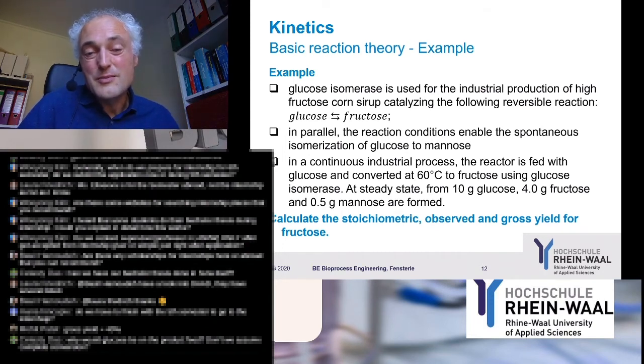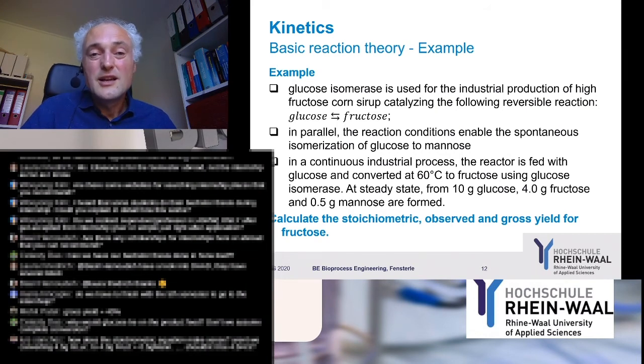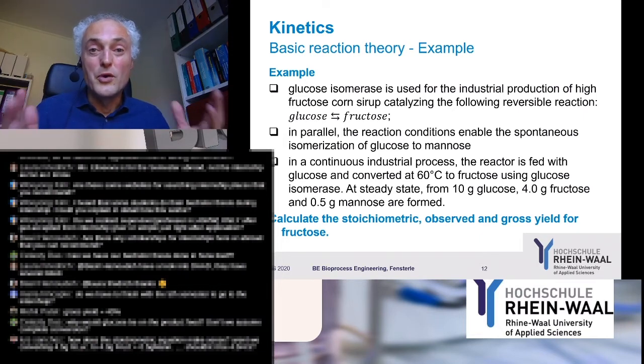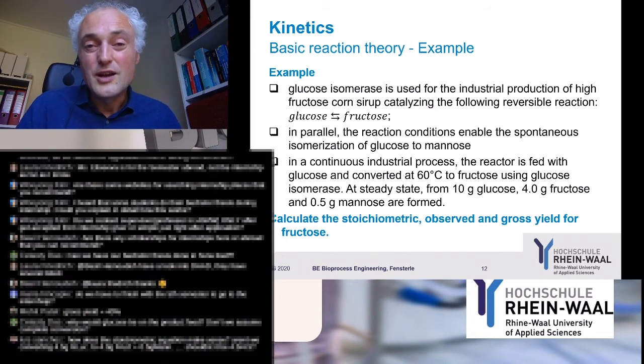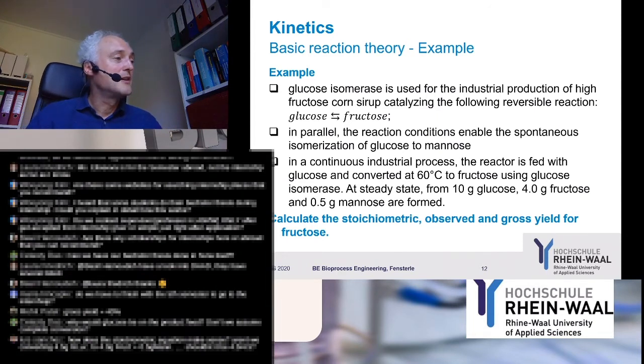This is a matter of debate, but you are close to this 50%, and you expect, if it would be 50%, to have 5 grams glucose left. You have 5.5 grams glucose left, so it depends on the equilibrium. Honestly, I don't know it. So this could be perfect, or this could be further optimized.